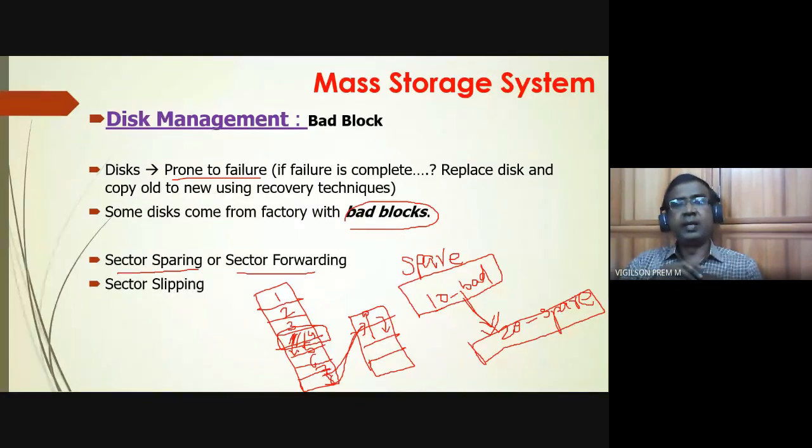Sector slipping means it identifies the next continuous free space, and all the data up to that free space moves one step forward, exactly the same as inserting an element in an array. When inserting an element in the array, the 10th data is moved to the 11th position, the 9th data to the 10th position, the 8th data to the 9th position, and so on, one by one. Finally you have one free space, and in that space you insert the data. Like that, we are inserting the particular sector or block here.